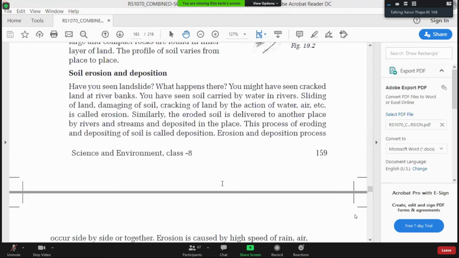The reasons may be due to the action of water or the action of air or particles, and then the soil gets transferred to another place.